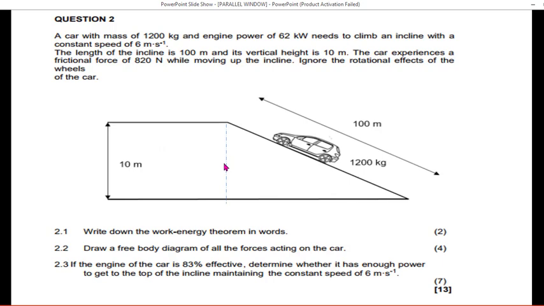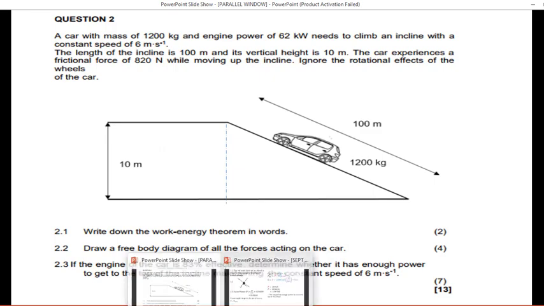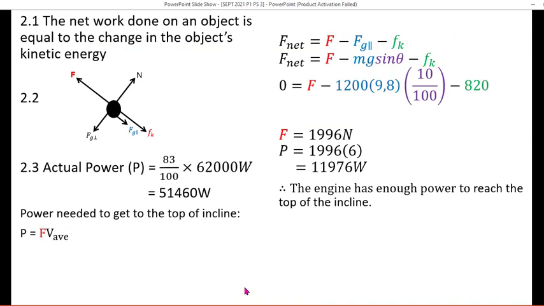The opposite, which is from here to here, which is the same as the height of the incline, divided by the hypotenuse, which is the length of the incline. And that is, we are going to say sine theta here is equal to 10 divided by 100, which is the length of the incline. So we substitute 10 over 100 as our sine theta, and then we continue.